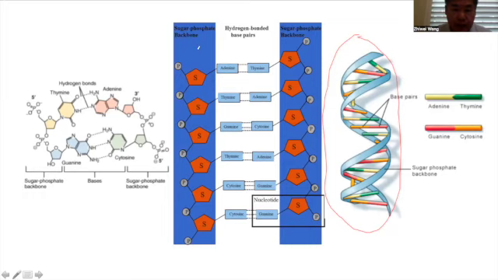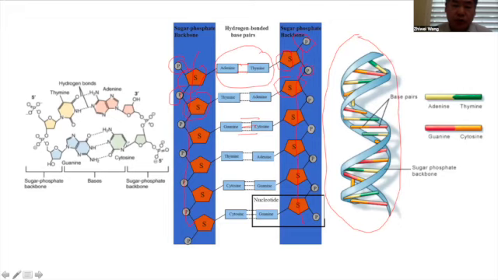The backbone is phosphate, sugar, phosphate, sugar, and the other strand is the same. The 2 strands are bound together by hydrogen bonds between the bases: adenine and thymine have 2 hydrogen bonds, and guanine and cytosine have 3.